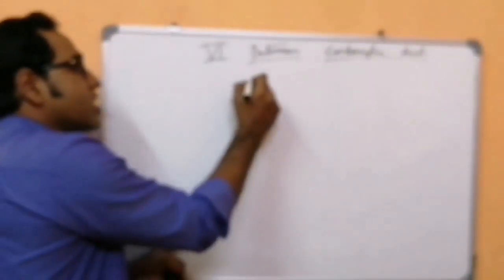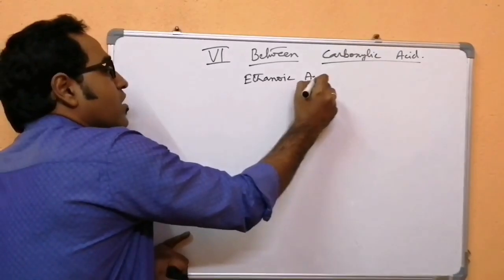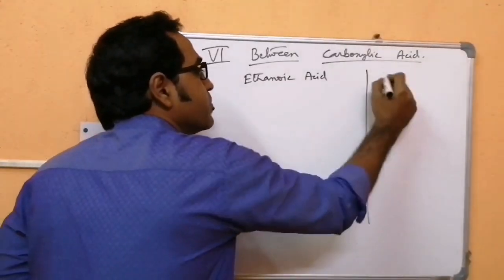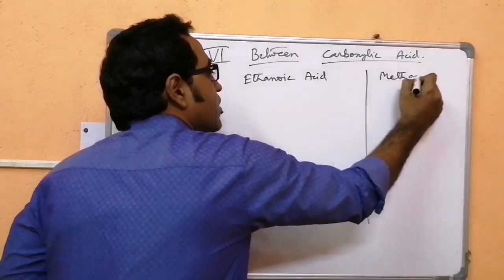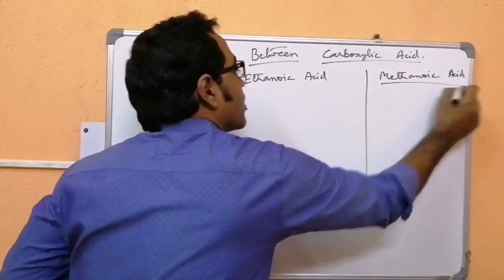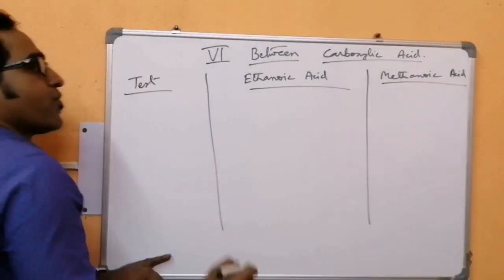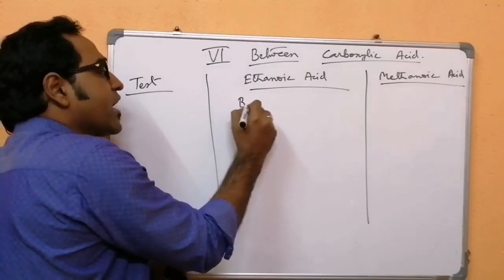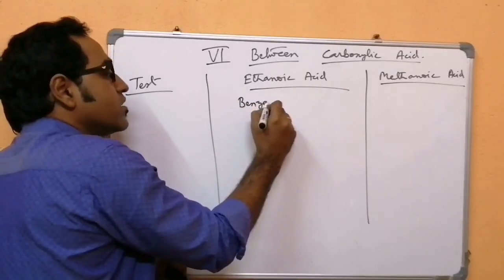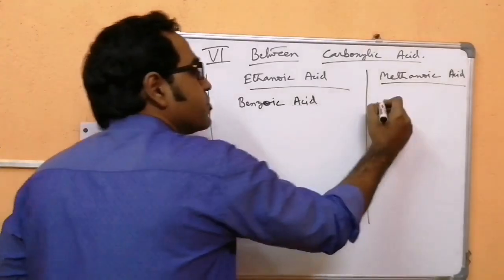For example, say ethanoic acid and methanoic acid. Or for example, benzoic acid and methanoic acid.